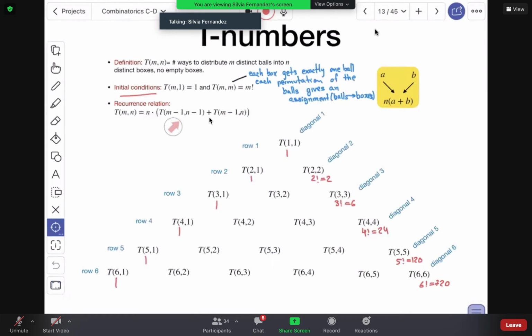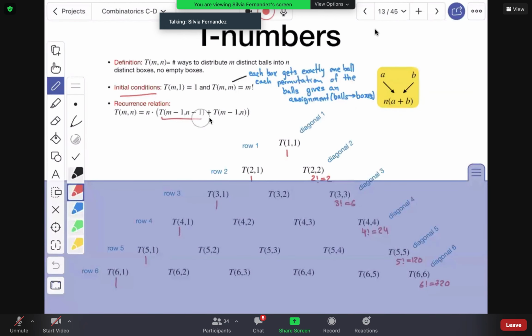You see, the recurrence relation says if you have A and B, so this one would be your A, and this one would be your B. That would be like the entries in one row, and this is the entry in the next row, right?